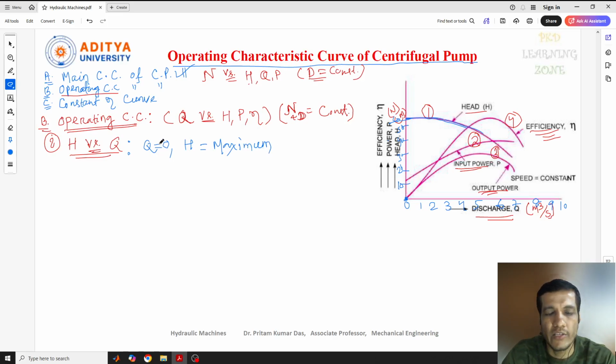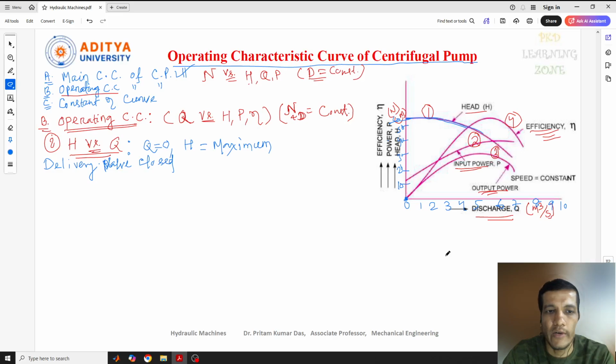When the discharge is 0, the delivery valve is closed. At the pump there are two pipes, the delivery pipe and the suction pipe, and the delivery valve is connected on the delivery side. When the discharge is 0, no water comes out of the pump, because the delivery valve is closed.